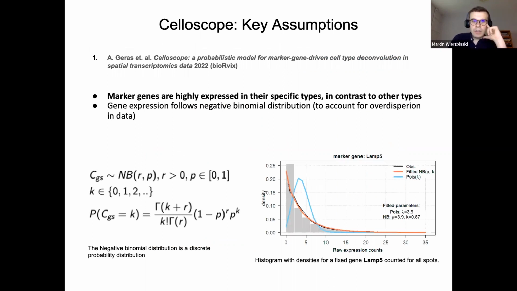Here Agnieszka Geras with co-authors proposed Celloscope, which is a Bayesian probabilistic graphical model of gene expression in spatial transcriptomic data. This model deconvolutes cell type composition in spots, and it has a method to infer parameters based on Markov chain Monte Carlo methods.